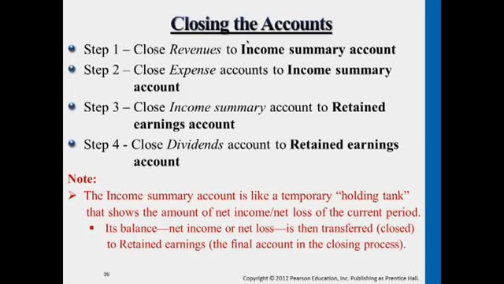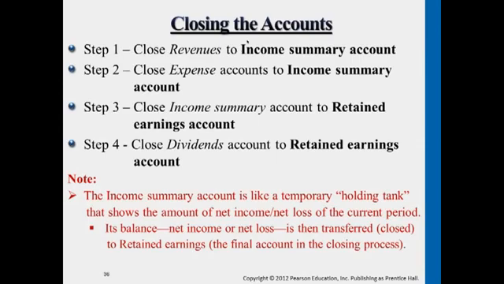Okay, so what we're doing in the third step there is closing income summary and transferring the amount to retained earnings. What that means is really transferring net income. So by these amounts, it's pretty obvious that the company has net income here, worth $3,000. Now we want to immediately close out this account.